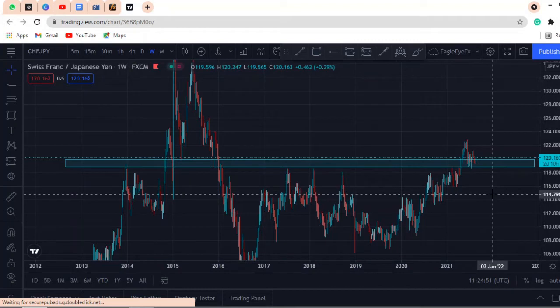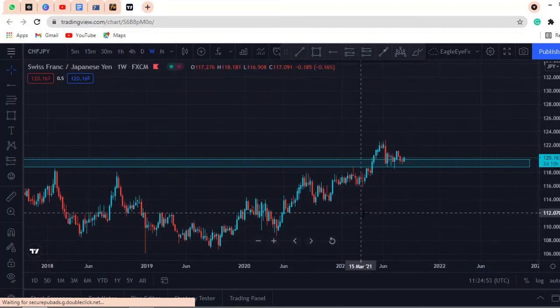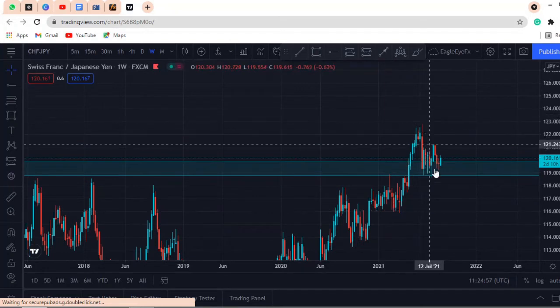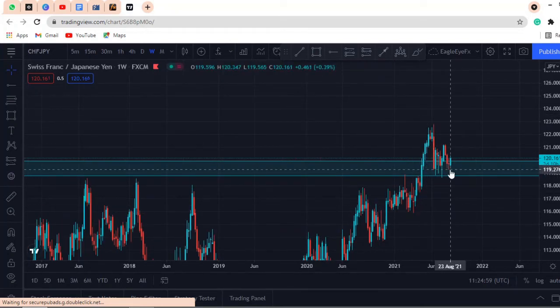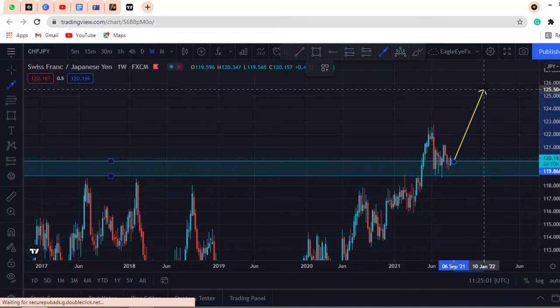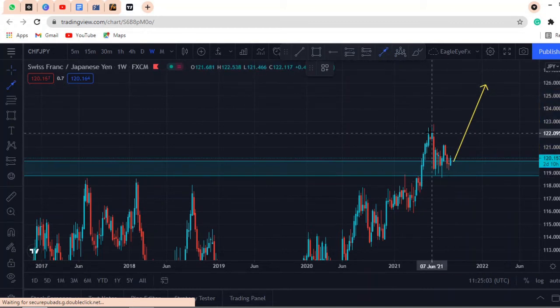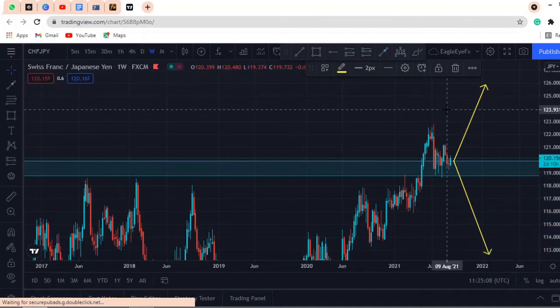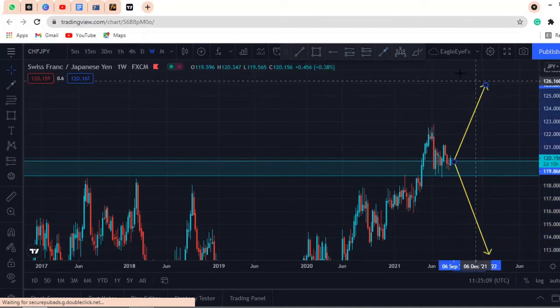So you can see that this market has been able to break and done some retest. So we don't know if it's going to continue pushing up or this is just a complete fake out and then it's going to fall. So we'll know as we continue looking at it.